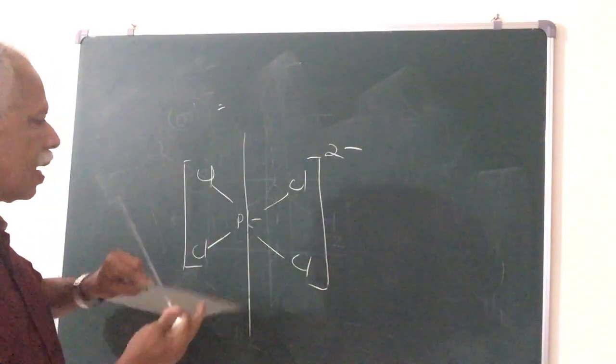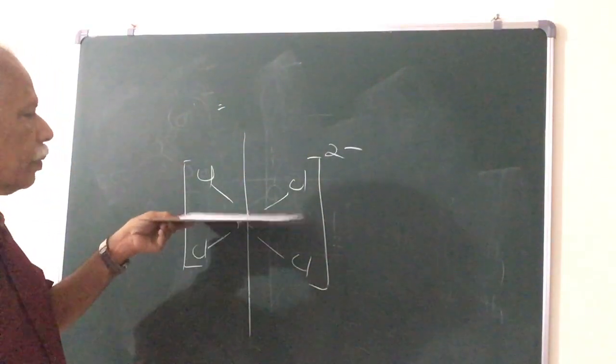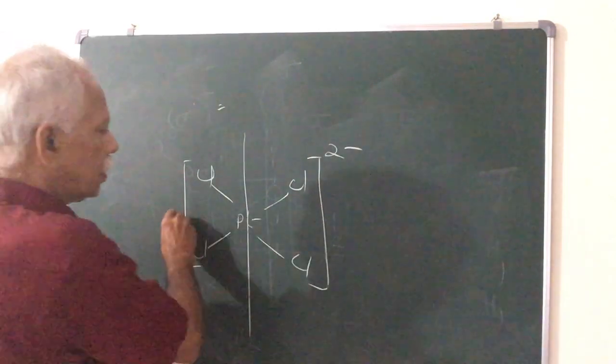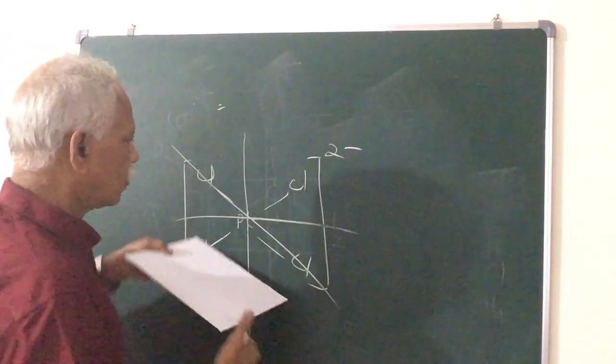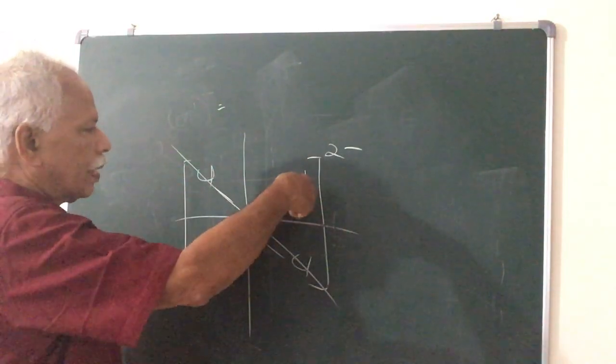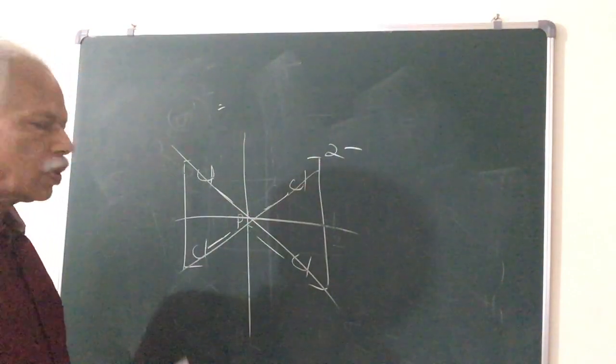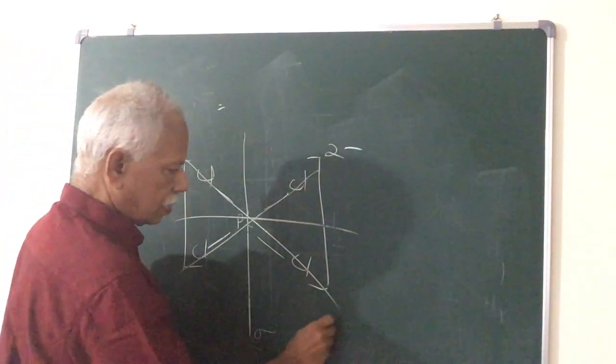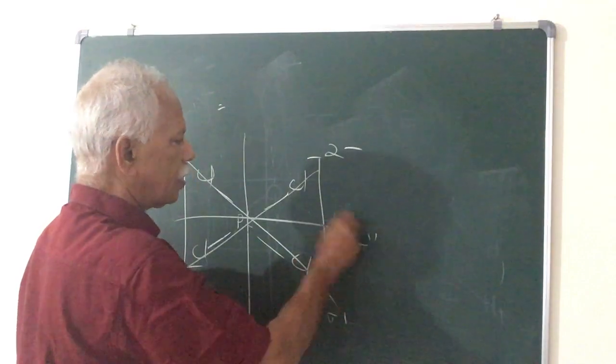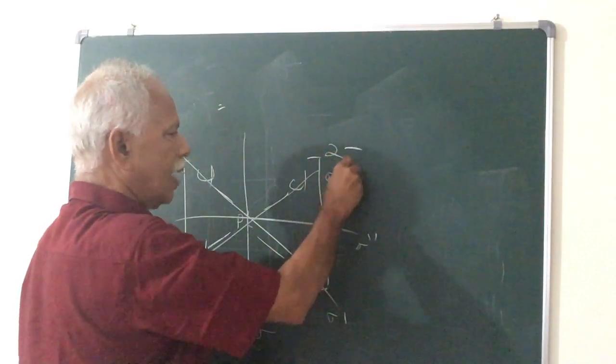Here is one, here is another one. This is another plane. Here is a plane of symmetry in this manner. Here is a plane of symmetry in this manner. So there is sigma, sigma dash, sigma 2 dash, and sigma 3 dash.